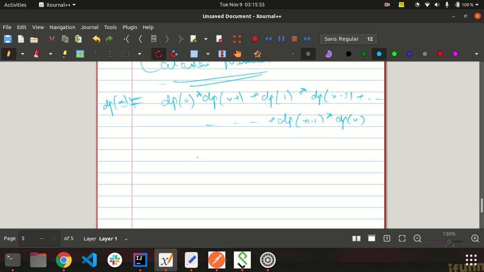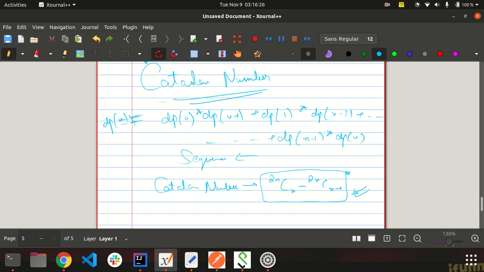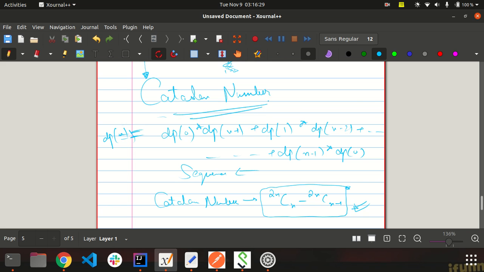This is basically the sequence for the Catalan number, and the formula for the Catalan number is 2n choose n divided by n plus 1. We can solve it this way, but this is not basically suitable for programmers, or expected at the time of interviews.